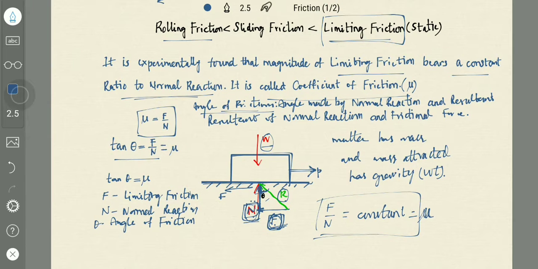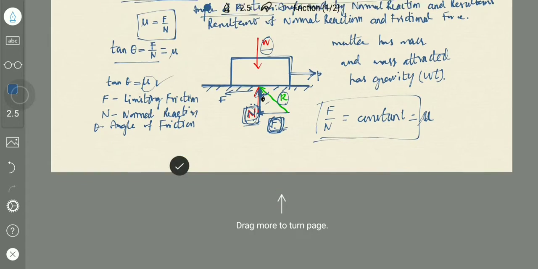A surface which is very rough has a high coefficient of friction value, and a surface which is smooth has a low coefficient of friction value.